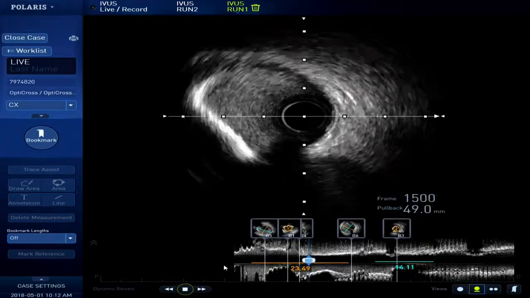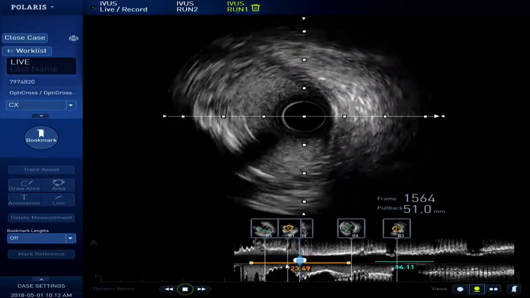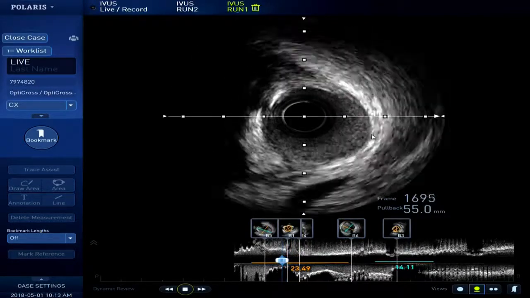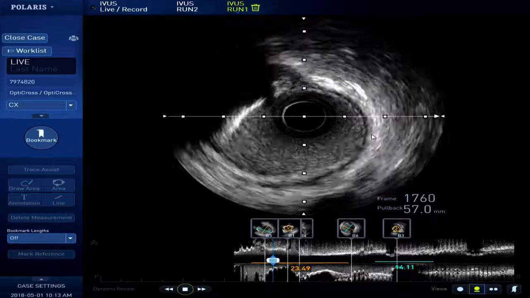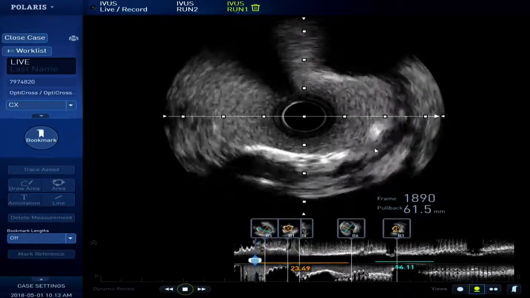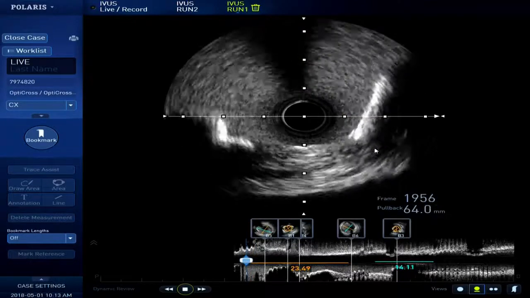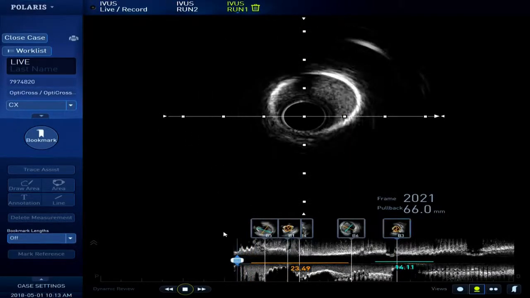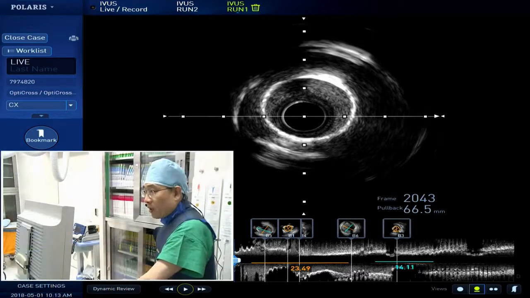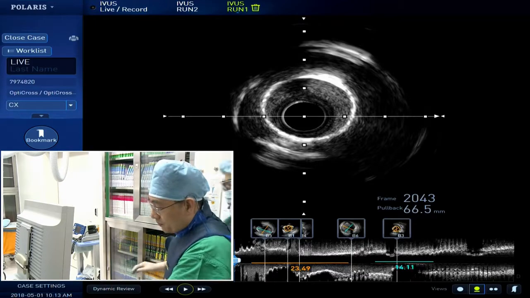Approaching the left main, there is some plaque rupture. This is a distal left main, proximal LAD, vessel size 3.5, and left main vessel size more than 4.0, 4.5. The lesion length is 22 millimeters at the proximal part, and the minimal lumen diameter of the left main is 3.1.